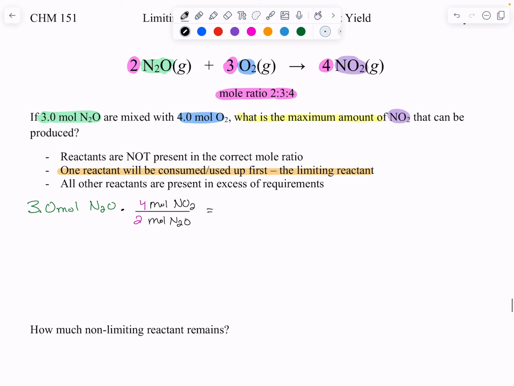So if we have our 3 moles of nitrous oxide, we can make 6 moles of nitrogen dioxide.